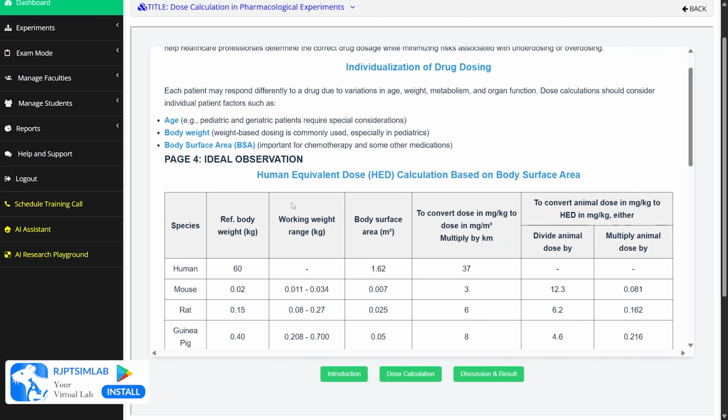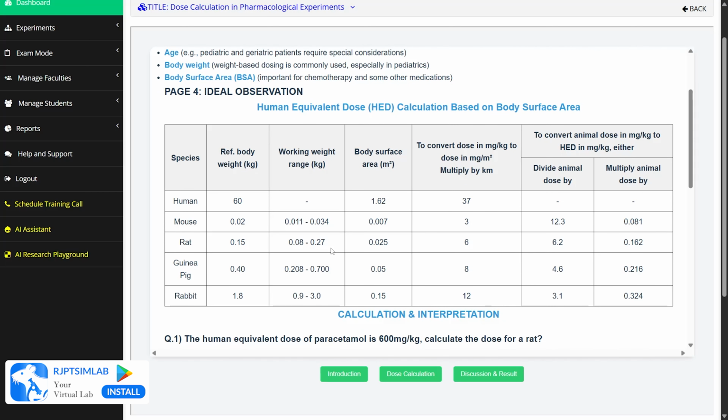So now let us see the observation: human equivalent dose calculation based on body surface area. We will calculate the human equivalent dose, the equivalent dose which we will give to humans based on the body surface area of the animal species. As we can see in the table, we have these categories. The first is the species, which means the species for which we are calculating the dose.